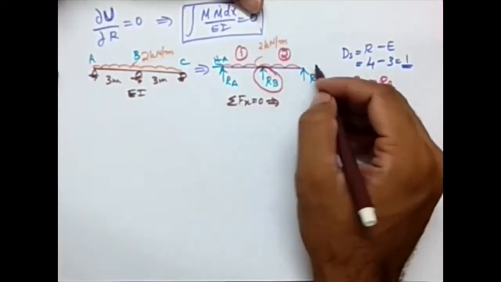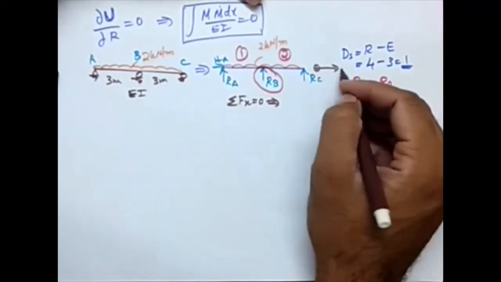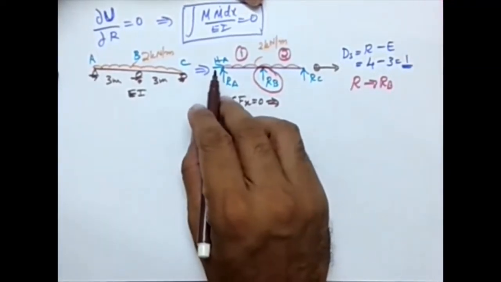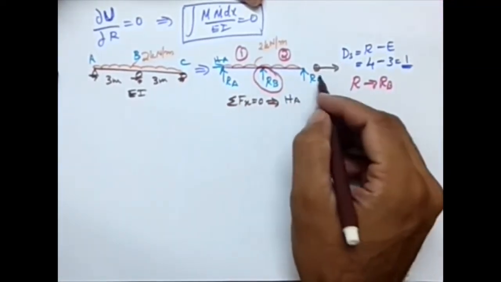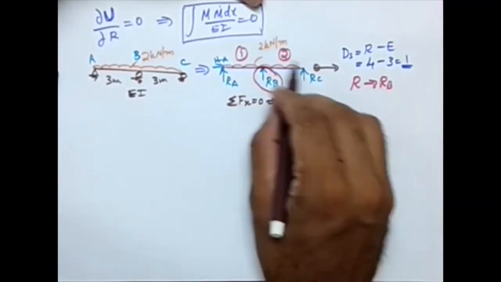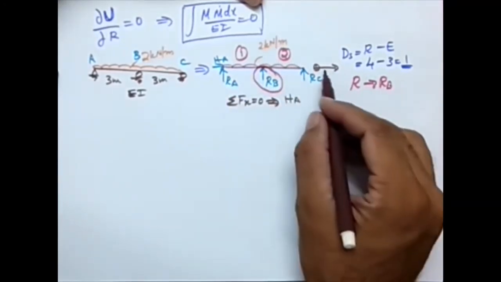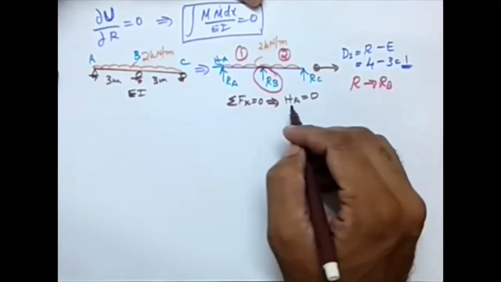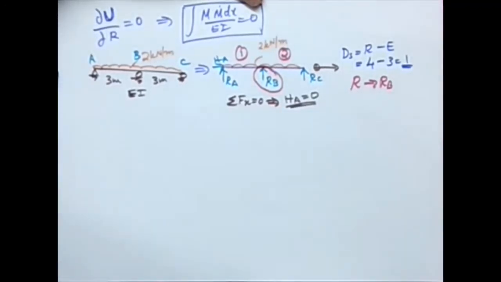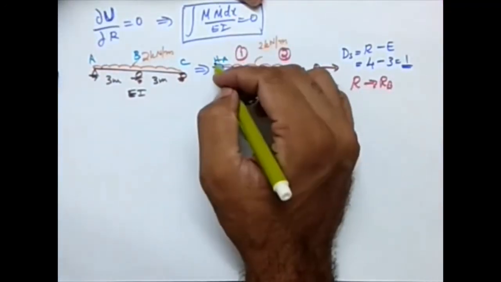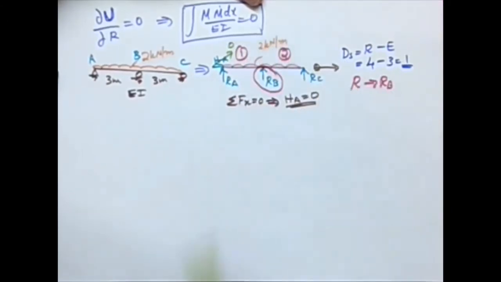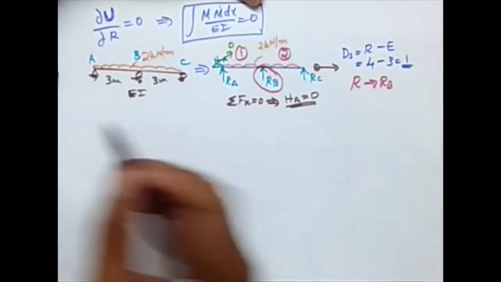I need a sign convention; I am considering this as positive. There is HA in this direction, so plus. Are there any other forces in the horizontal direction? Nothing, which means HA equal to 0. So now I got this value as 0, and for further calculations I won't even consider it. I will just ignore it.